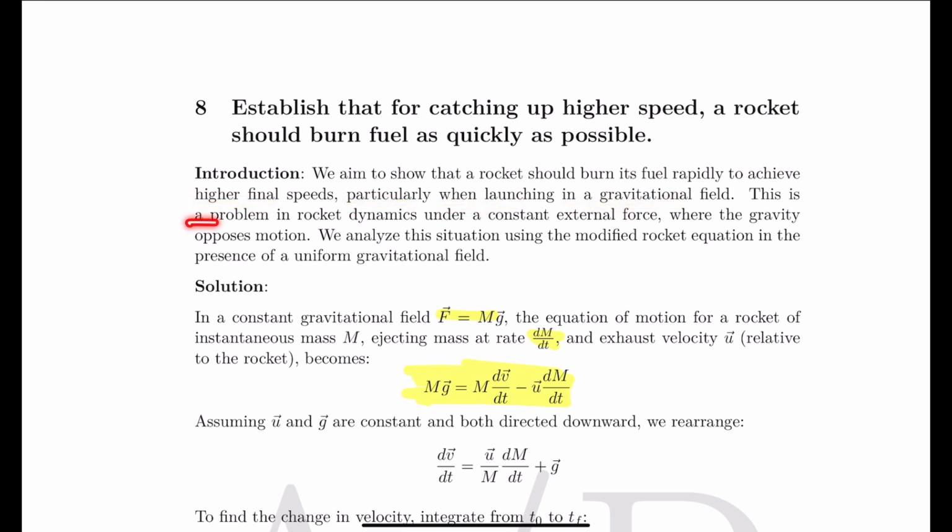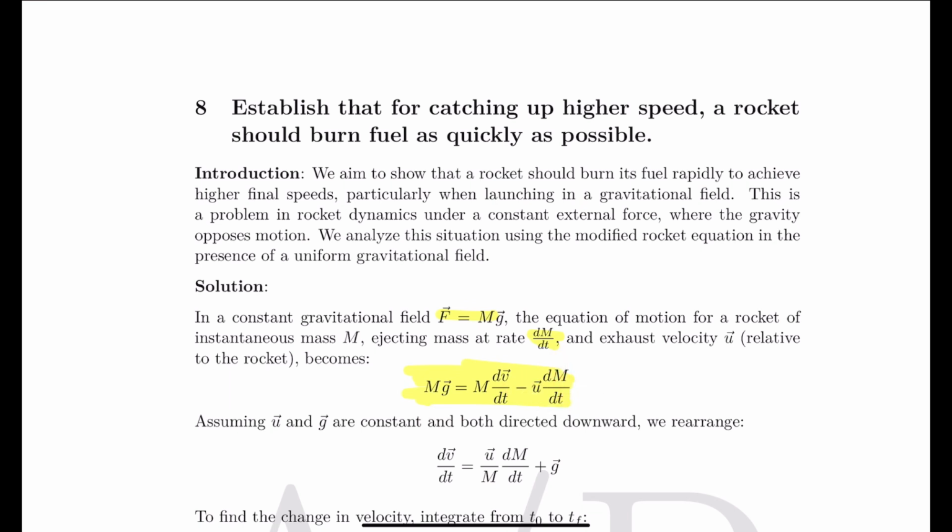This is a problem in rocket dynamics under a constant external force, where gravity opposes the motion. We analyze this situation using the modified rocket equation in the presence of a uniform gravitational field given by this expression, where the external force mg is equal to m times dv by dt minus u dm by dt.